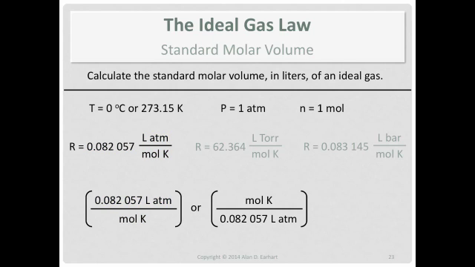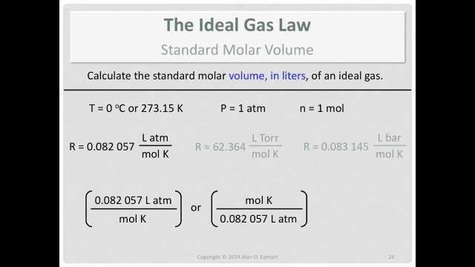If you think of R as a way to relate pressure and volume and moles and Kelvin to each other, you think of it as a conversion. Remember, we can take the conversion the way it's written, or take the reciprocal. And the way we determine which way we want to use it is by going back, looking at the problem, and seeing what's being asked for.